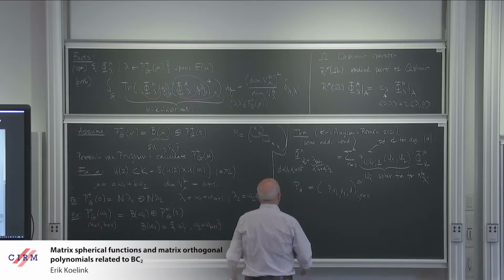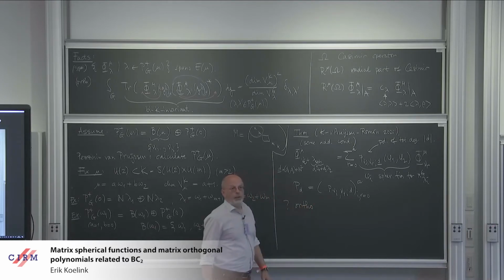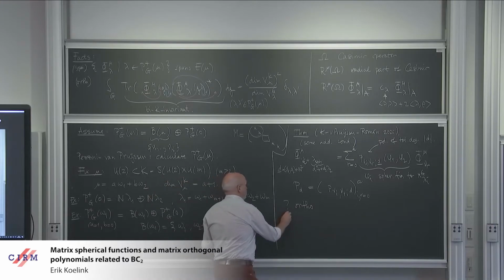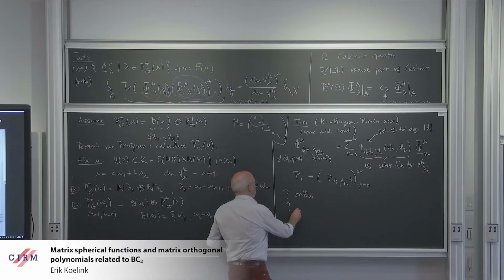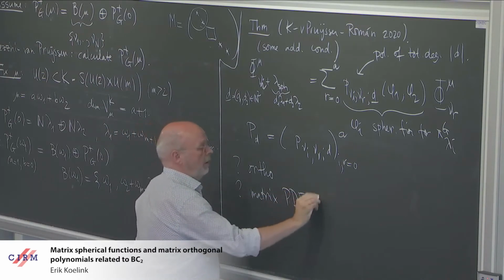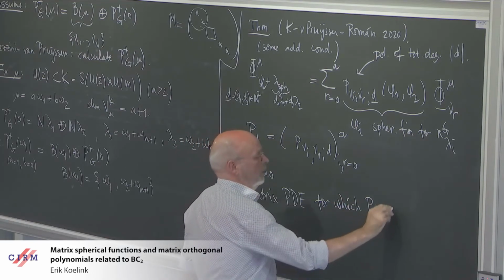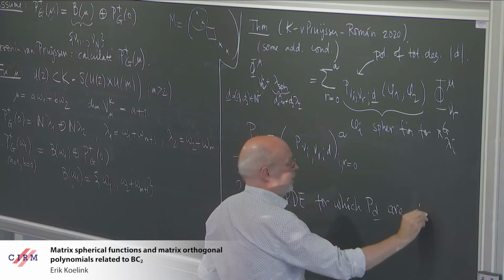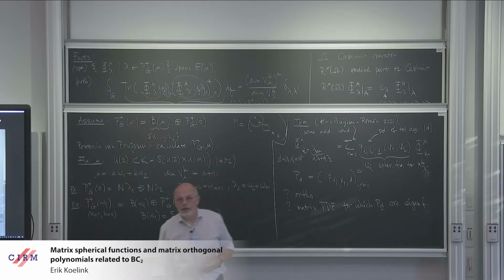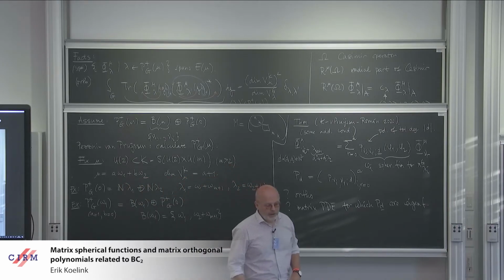And so now you can ask all kinds of questions. So what is the orthogonality for this one? There should be, because they are orthogonal, right? What is a matrix PDE for which they are eigenfunctions? Well, they should also exist because the phi mu lambdas are eigenfunctions for a suitable Casimir operator, the radial part of it.